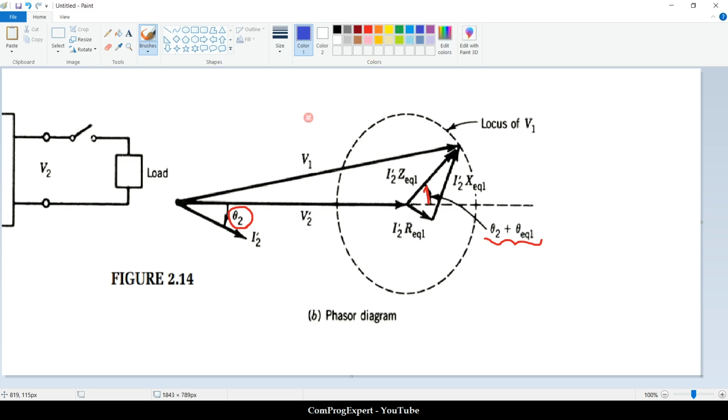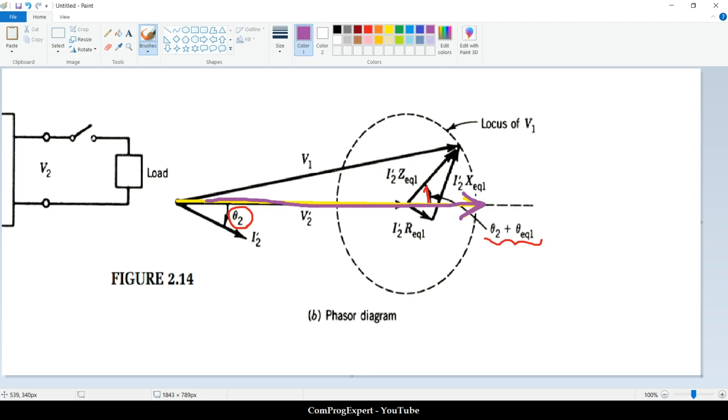The maximum amplitude of the V1 occurs when V1 is on the x-axis, here. Let me use another color, this one. This is the value of the V1.